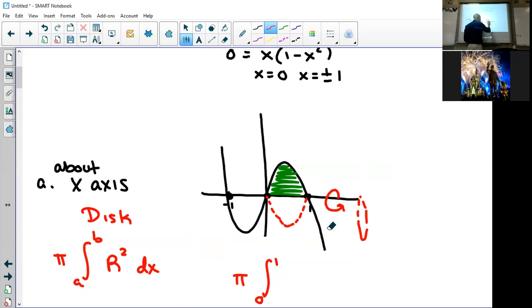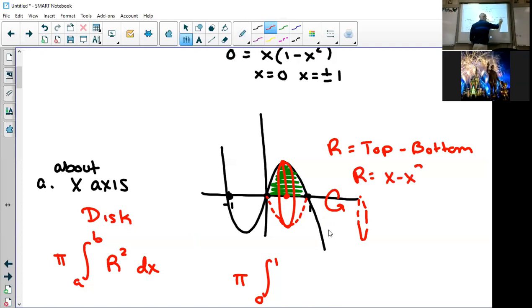So here we're going to start right there on the axis of revolution, and I'm going to go up through the shading, and you can see that that makes the radius of my circle. So that's my radius, and we're still doing top minus bottom. Our top in this case is going to be the function, so r is going to be x minus x cubed, and our bottom is that 0, the x-axis.